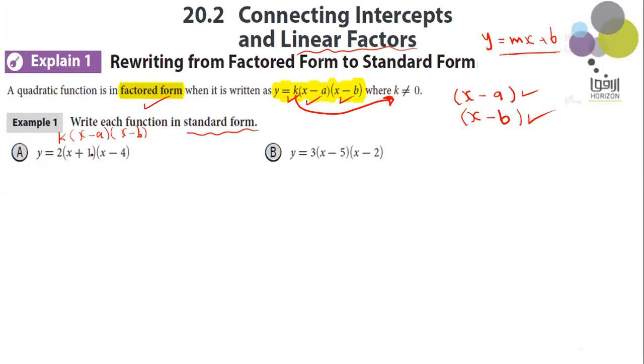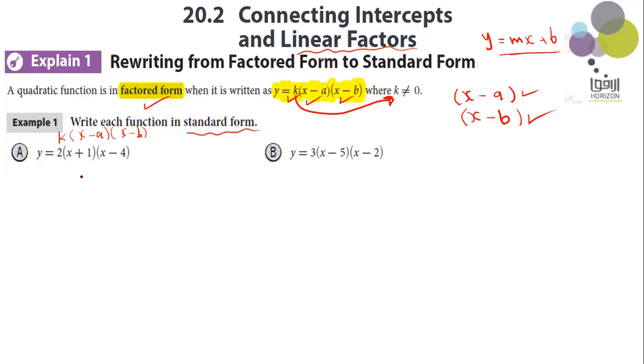Minus a equal positive 1, so a equal negative 1, and we will study this in details later. X minus b is opposite to x minus 4, so b equal 4. Minus a is opposite to plus 1, so a equal negative 1. He asked you here to rewrite this quadratic function into standard form.